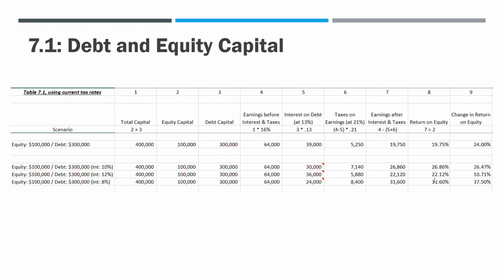And the reason being is that our earnings after interest and taxes would have been lower as a result of additional interest expense. Actually, I would have had to take, 15% would have been right.